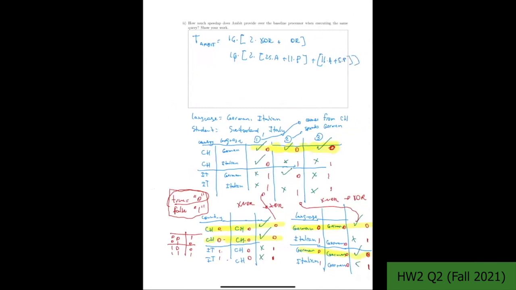So the time is going to be 16, 2 times 25.